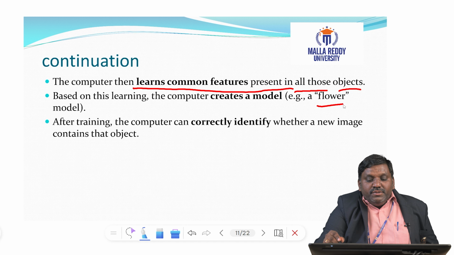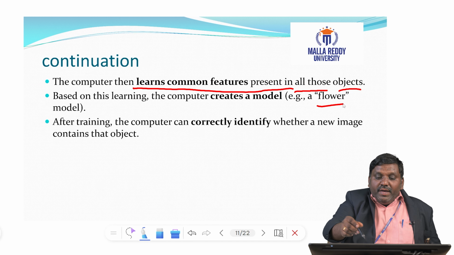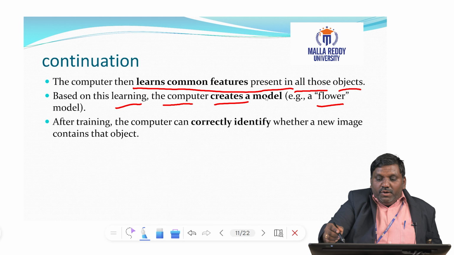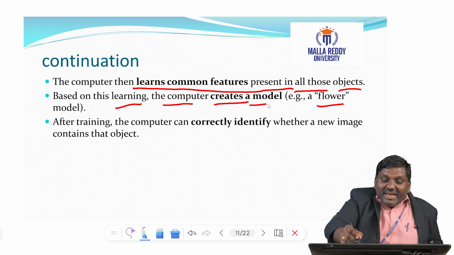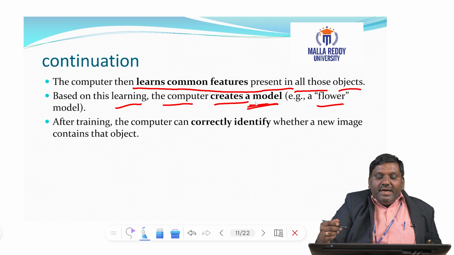A flower should have some common features, which my computer vision algorithm may detect. Based on the common features, it will create a scheme known as a model. With the help of this model, we can process real-time data.